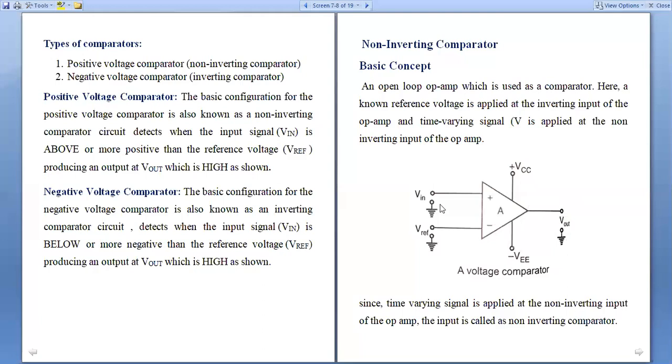The input voltage is a time varying signal, meaning the voltage varies with time. That is, a sinusoidal voltage is connected as the input voltage. That input voltage will be compared with the reference voltage, and the output is delivered at terminal V0.